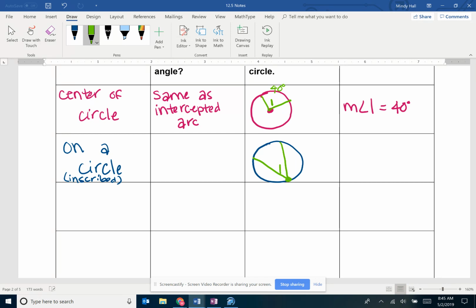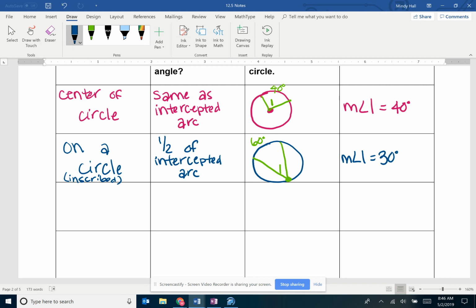We're just going to keep using angle 1. I'm going to say that this arc is, let's say, 60 degrees. So if it is on the circle, it is half of your intercepted arc. So in this case, my measure of angle 1 would be half of 60, which is 30 degrees.